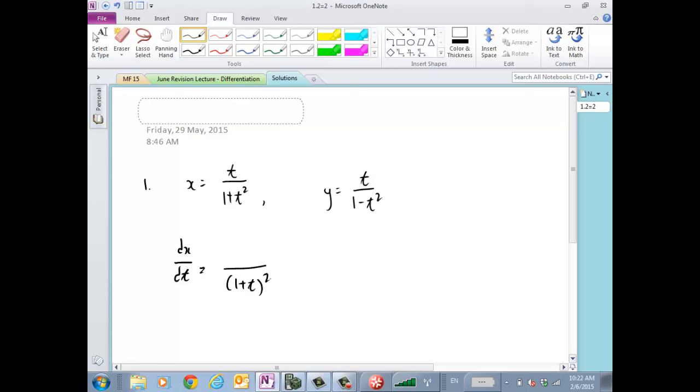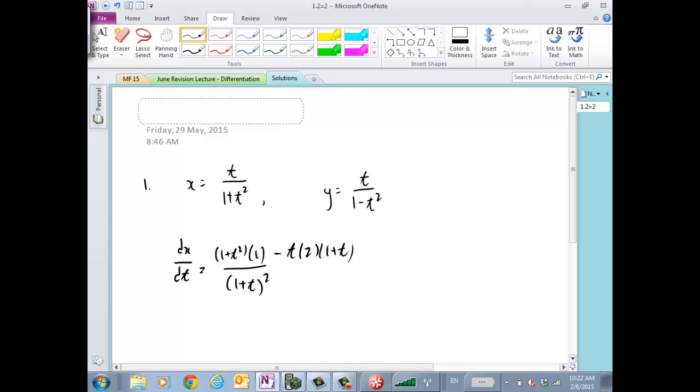However, please take note that because of the negative sign, if you do something wrong, it will go wrong. So at least have something to memorize. For me, it's very simple: I square the bottom, hold the bottom, differentiate the top, minus hold the top, differentiate the bottom.